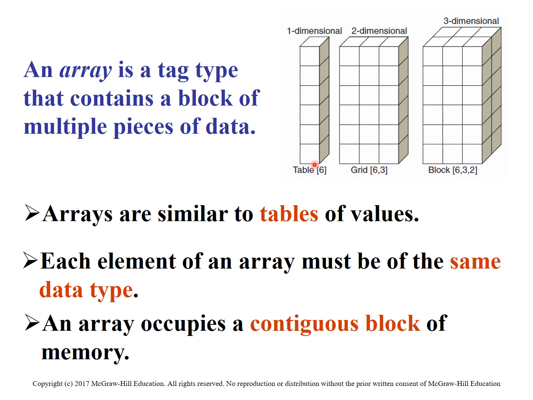You can go two-dimensional where you create one tag with 3 different words to it, and then you could have individual bits per tag, and you can continue. It just keeps getting more and more complicated as you get more into it, but we're going to focus on the one-dimensional.